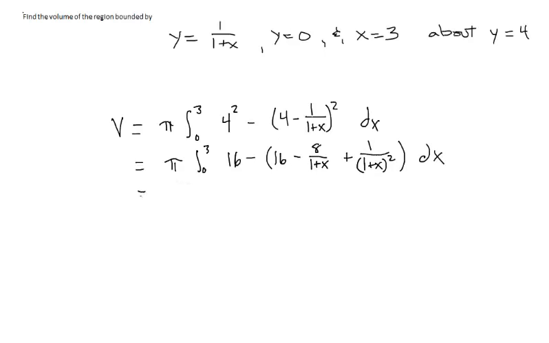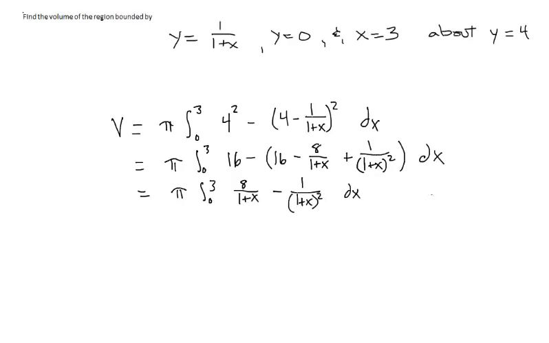And now we're going to simplify one more time. So we have pi times the integral of 0 to 3, and we have 16 minus 16, so they cancel out. And then we have minus a negative 8 over 1 plus x, so we get 8 over 1 plus x. And then we have minus 1 over 1 plus x squared dx.